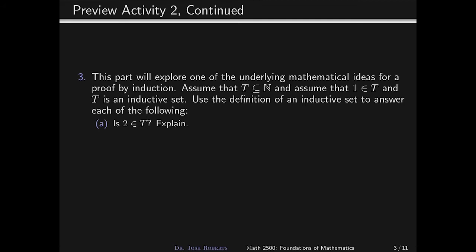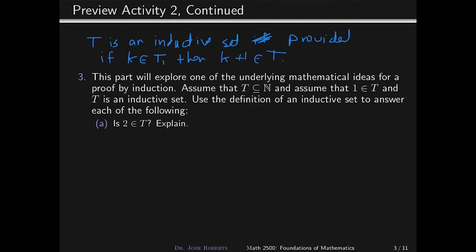Well, think about it. What does it mean to be an inductive set? T is an inductive set provided if k is in T, then k plus 1 is in T. Okay, so here's what we know for this little example.